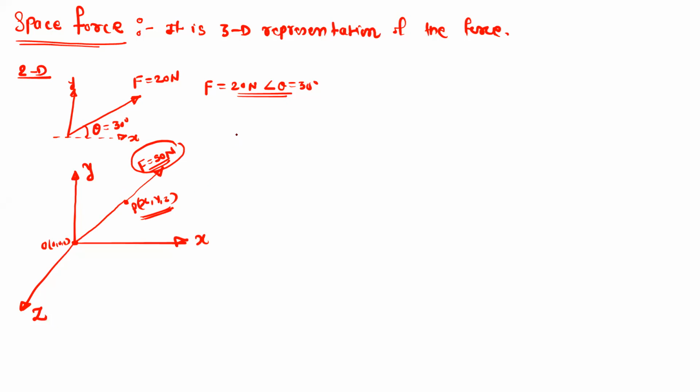So in the 3 dimension, force is represented as a vector F bar, which is equal to its magnitude mod F into unit vector acting along the direction of that force. Okay. So here we will select the unit vector as vector OP. Okay. So it is represented as the E cap. So this is the representation of the force in the 3 dimension.